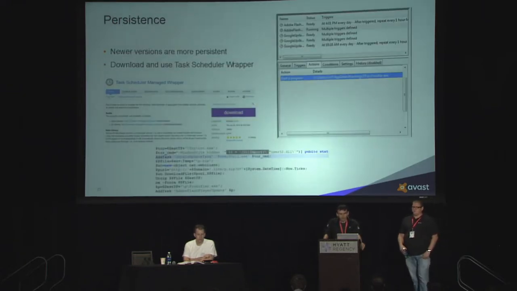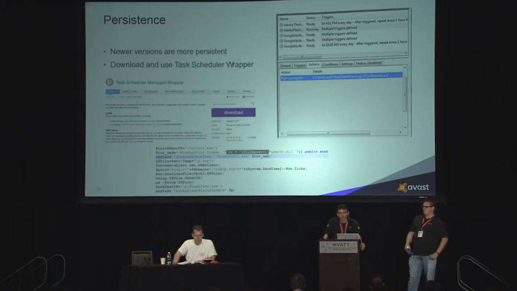Also, Tor and Proxyfire could be disabled or found or deleted by users, or ended. This process could be ended by the user. And to avoid this, they add some persistence. And for persistence, they went to one website called Codeplex.